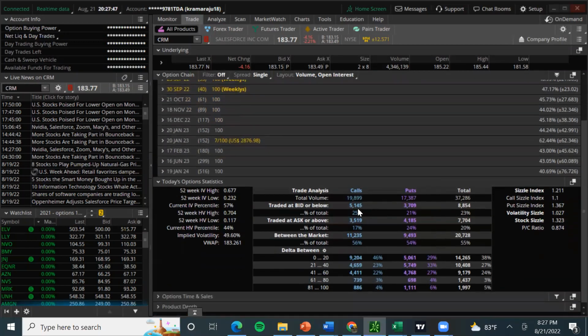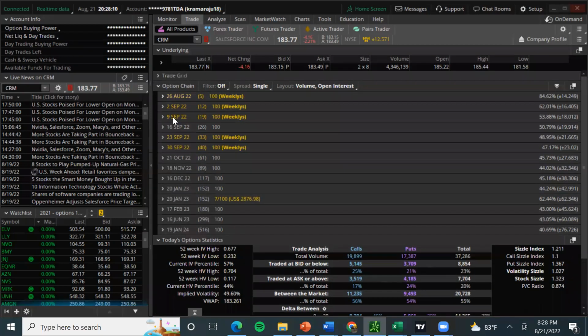If you see 5,145 calls compared to 3,700 puts, there is nearly 46% bought with a 0 to 20 delta, 23% bought 21 to 40 delta. So there are a huge number of people buying out of the money calls. That means they are expecting that this stock will move up.